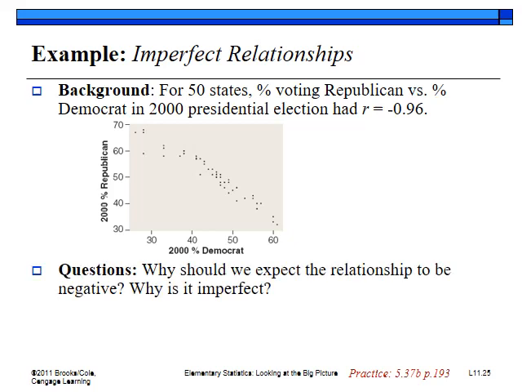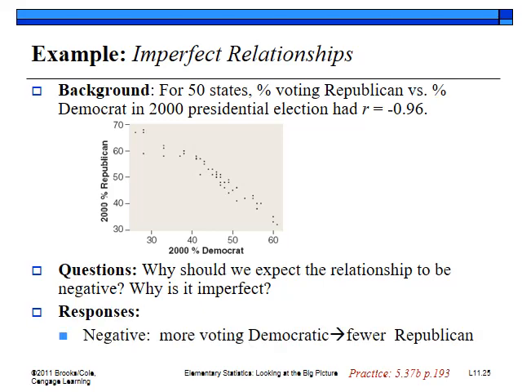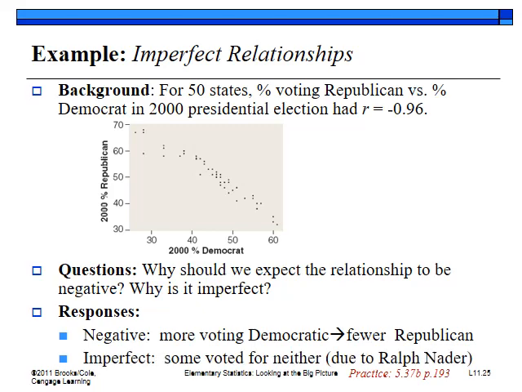Why is it not perfect? Why is it negative? Well, it's negative because as the number voting Democrat goes up, the number voting Republican must necessarily go down. It's imperfect because there's a strong third-party candidate that year in Ralph Nader.